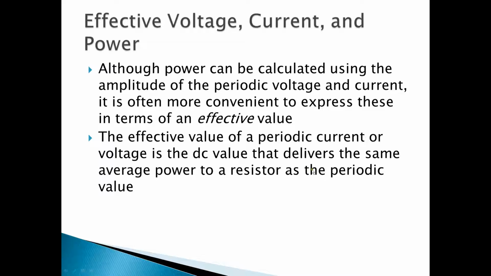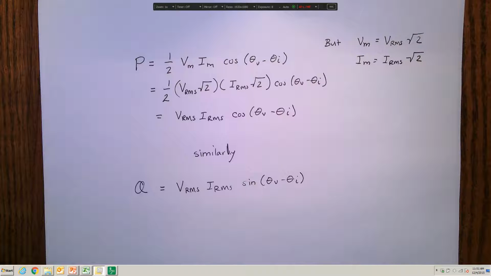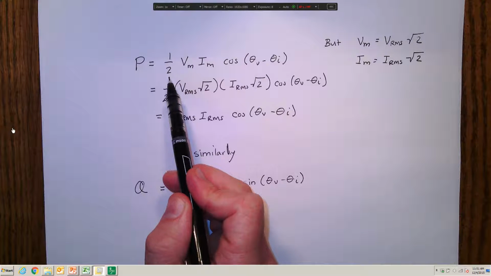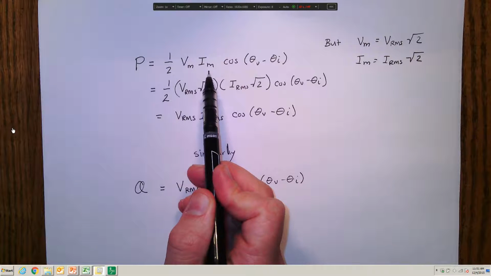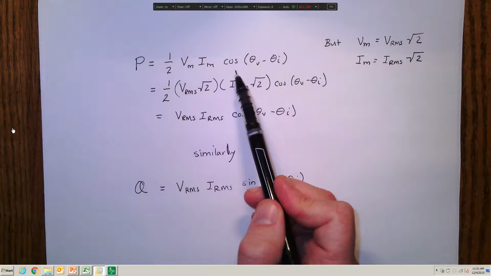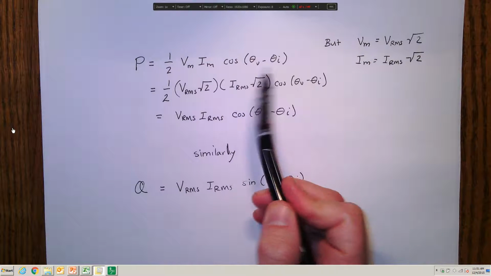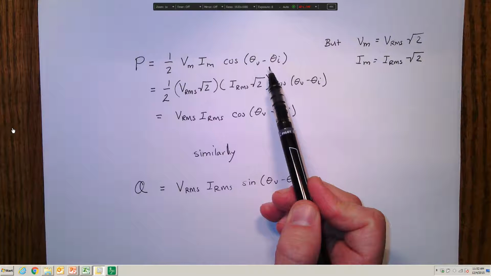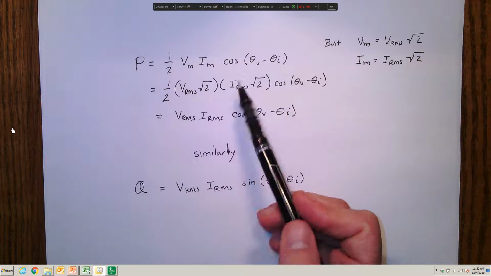All right, so we've already shown how to calculate the relationship between the RMS value and the peak amplitude of a voltage or a current function. Knowing that the average or real power can be computed as 1/2 of the peak voltage multiplied by the peak current, and the cosine of the phase angle difference, or the power factor, we can rewrite this in terms of the root mean squared values of voltage and current.